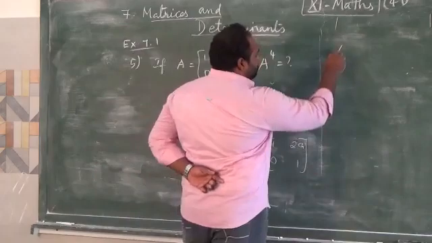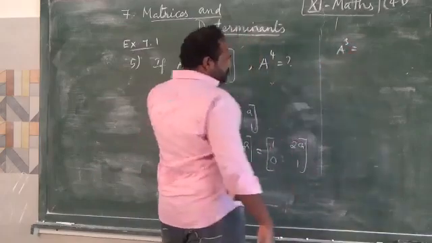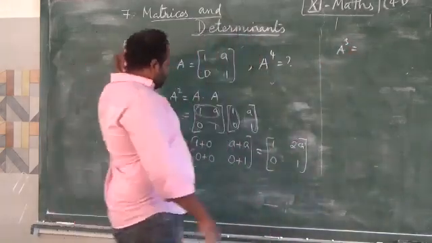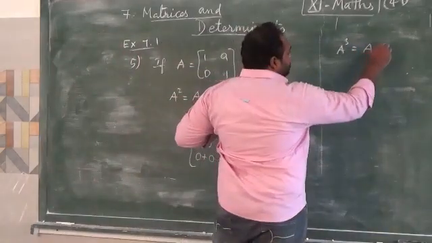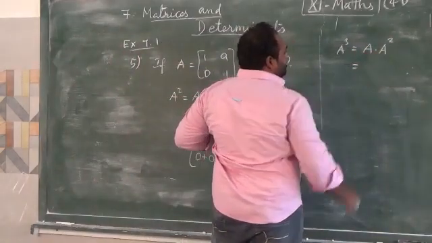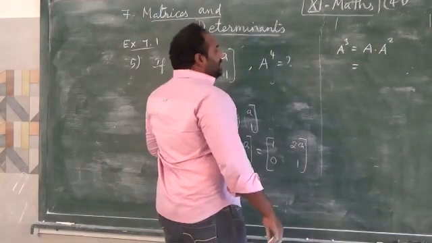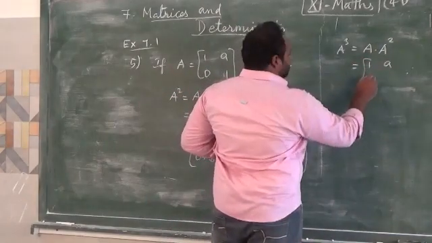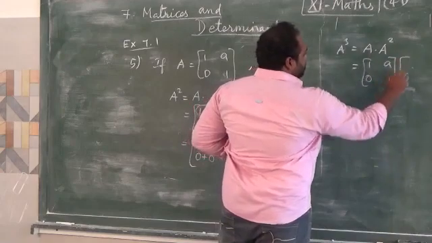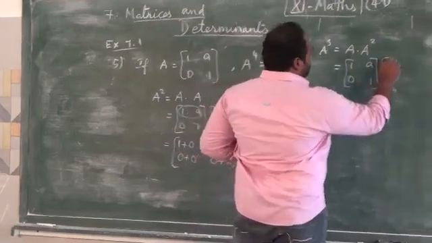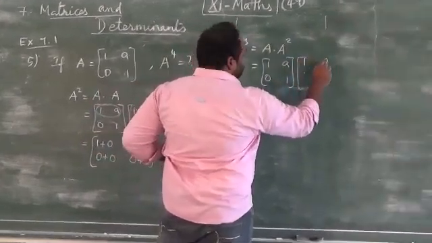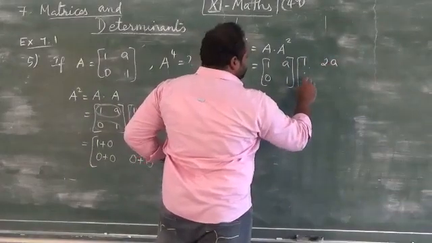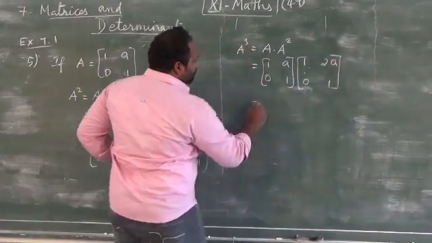Next I am going to find out A cube. How can we find out A cube? A into A square. If you multiply A into A square, we will get the A cube value. So what is A? 1 a 0 1, into A square, which is 1 2a 0 1.